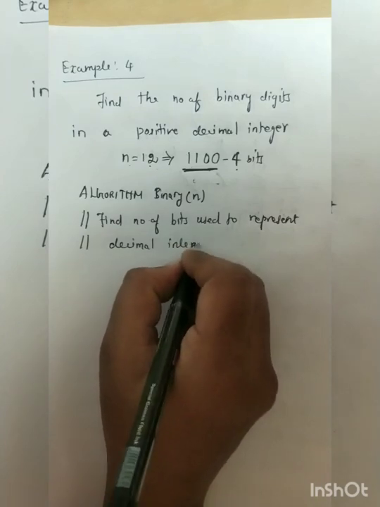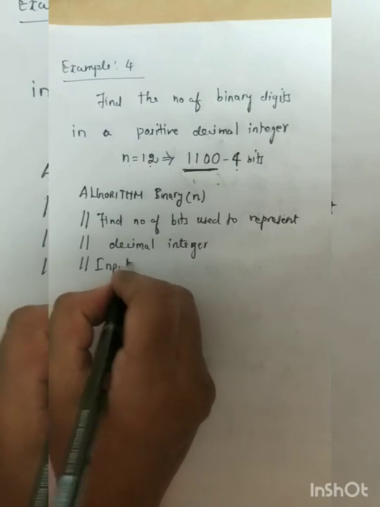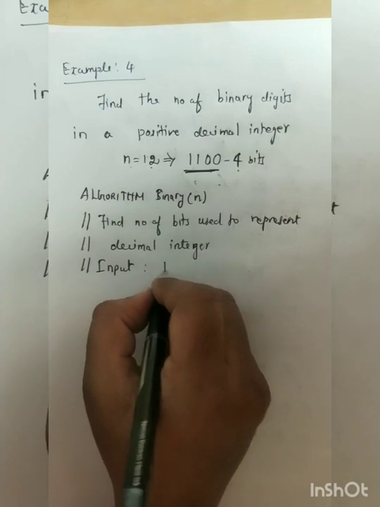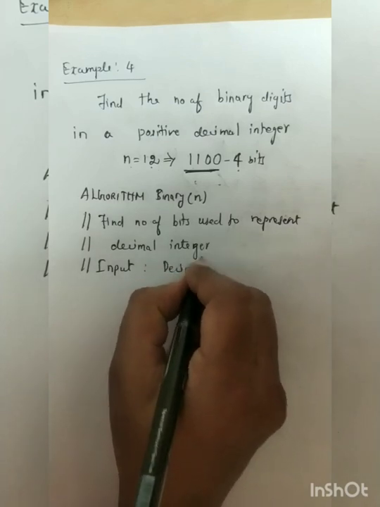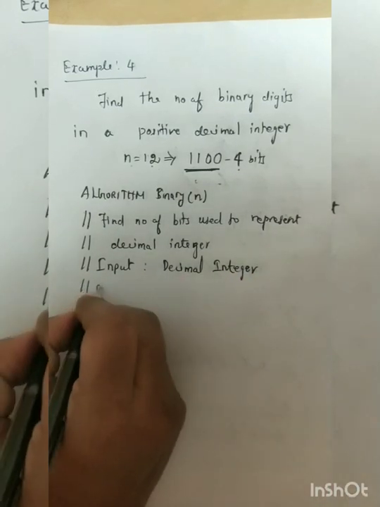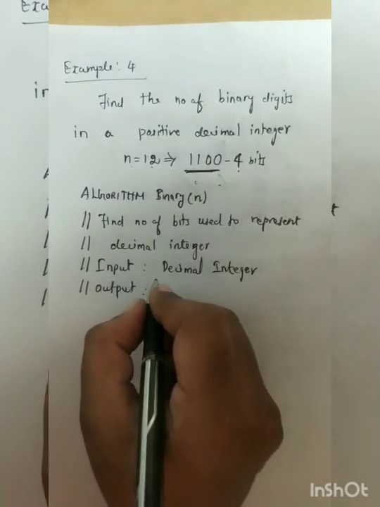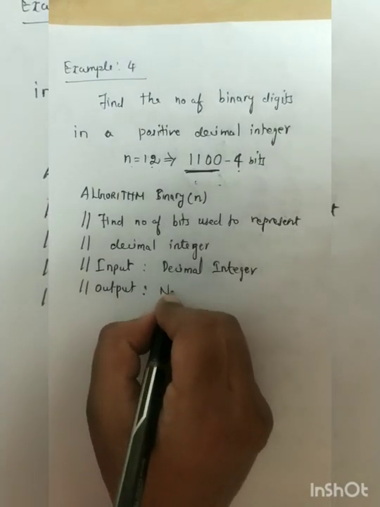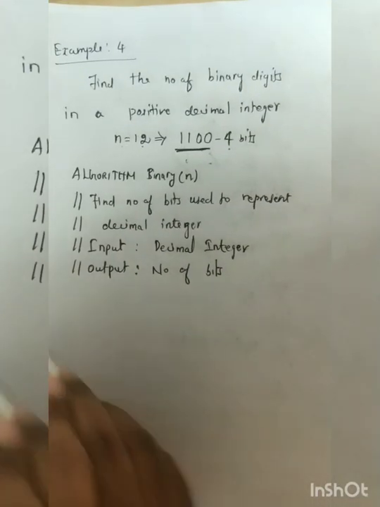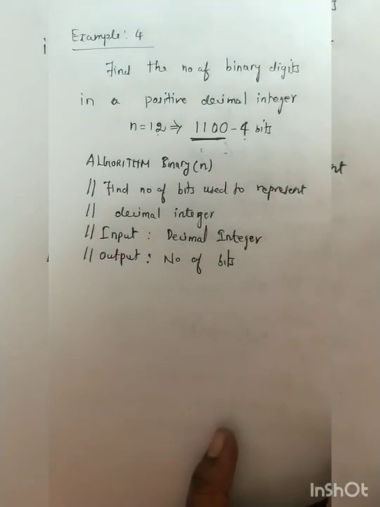Input: a decimal integer. Output: the number of bits. Here you want to count how many bits, right?